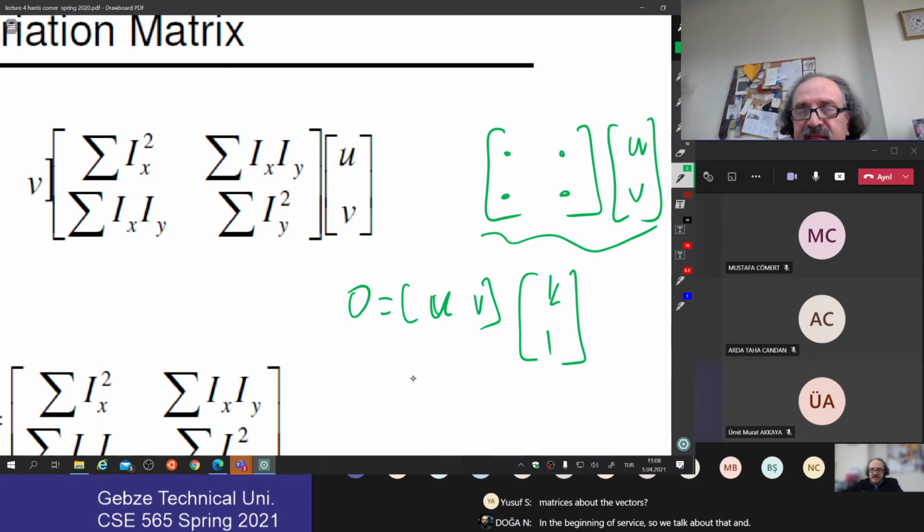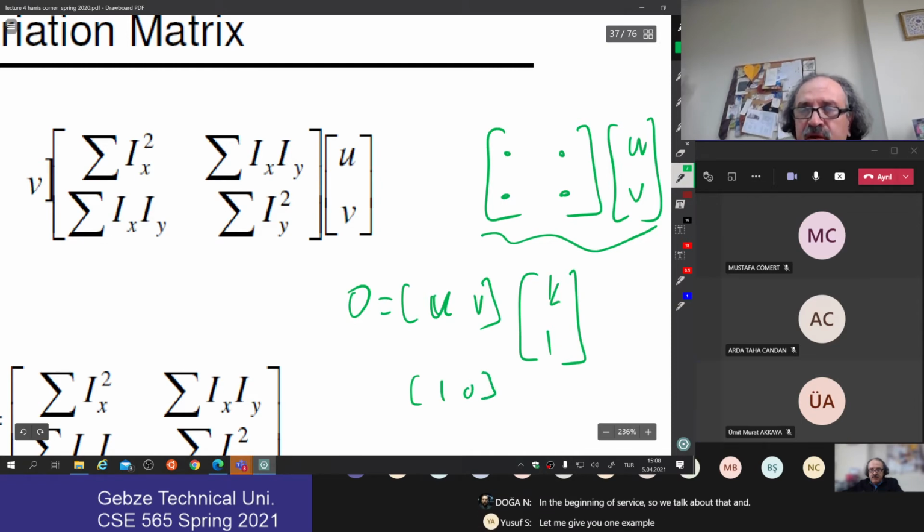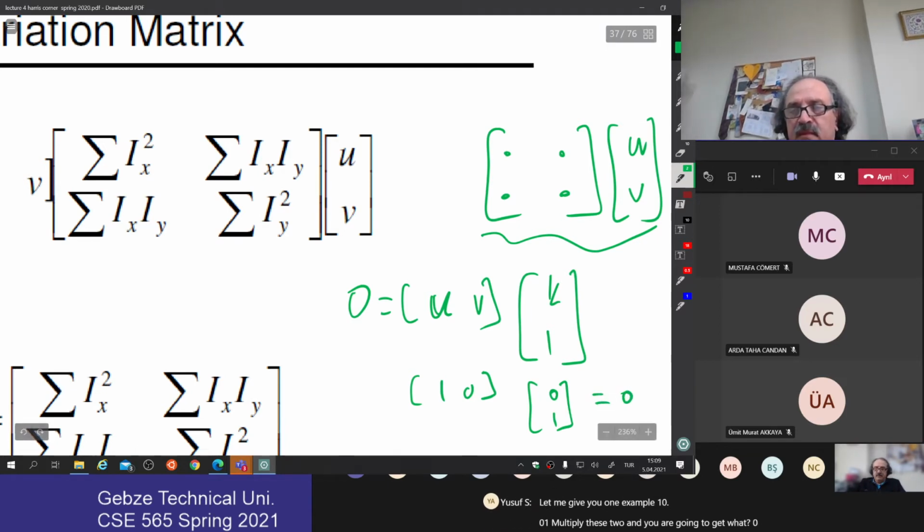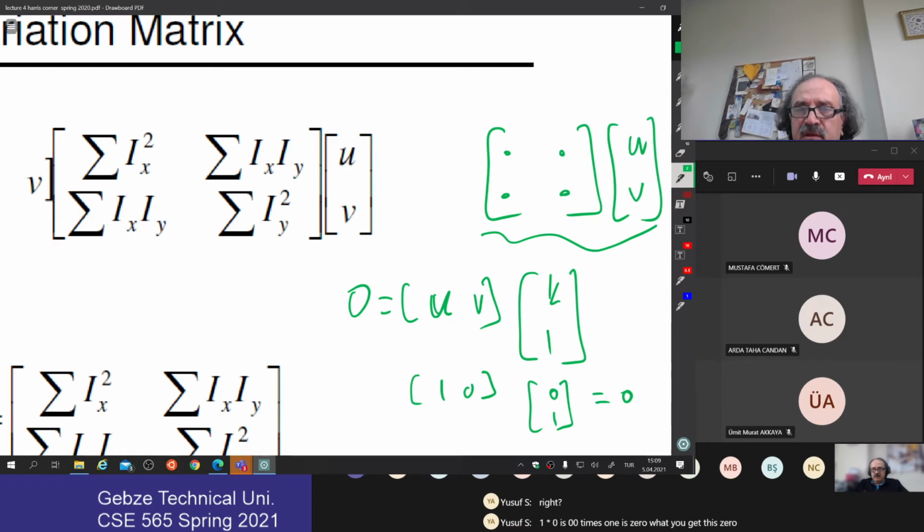Let me give you one example. 1, 0, 0, 1. Multiply these two and you are going to get what? 0, right? 1 times 0 is 0. 0 times 1 is 0. What you get is 0. So tell me, what does this tell you?